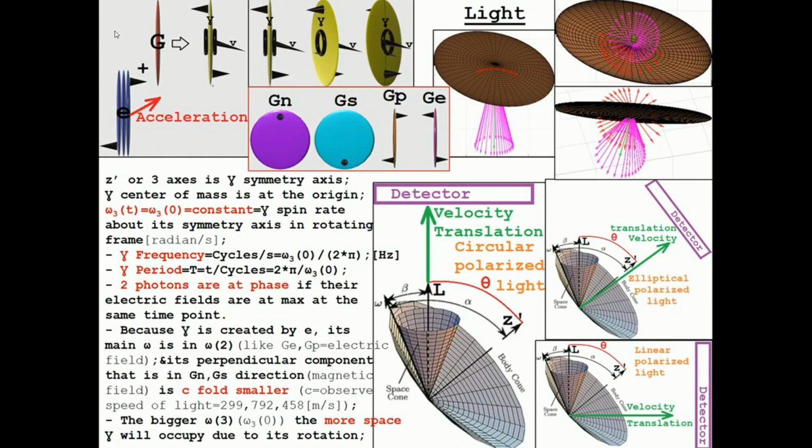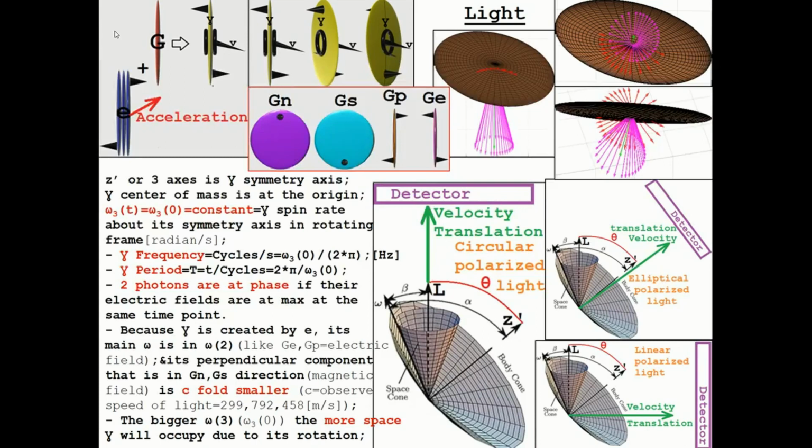Because the photon is created by an accelerated electron, its angular velocity along the y component is the strongest, and it's mostly in the direction of the electric field. In the direction of the magnetic field it is c-fold smaller, where c is the speed of light. So it's mostly in the direction of the electric field. Two photons are in phase if their electric fields are at maximum at the same time point.